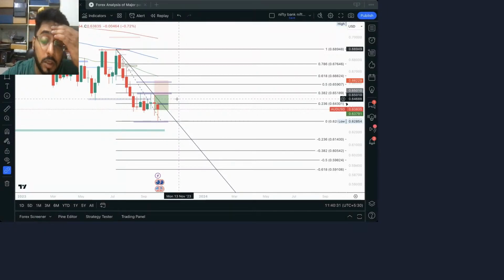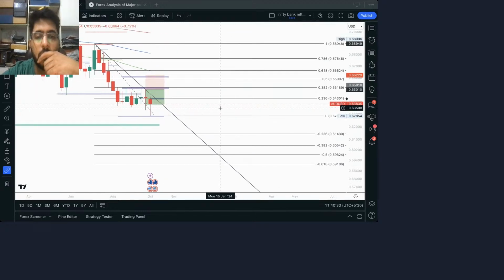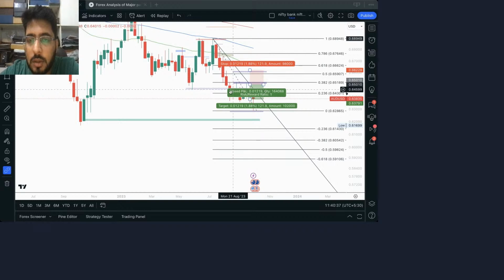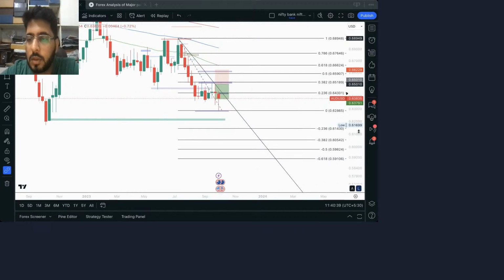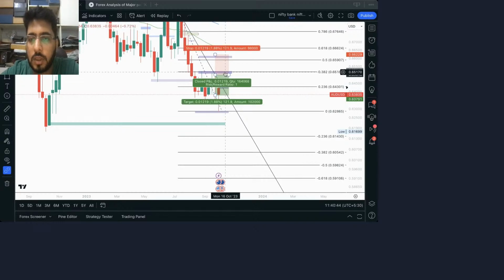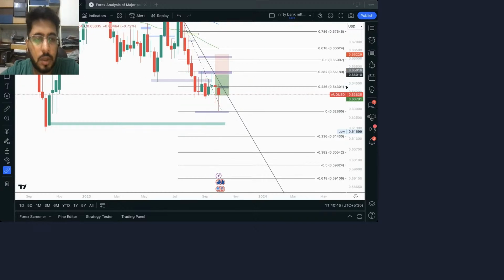Again, timing is very important. At what time you are taking the trade, the London hour or the US hour. So timing is very important. So this is a good zone, then this is definitely a good zone. There is no major pullback.